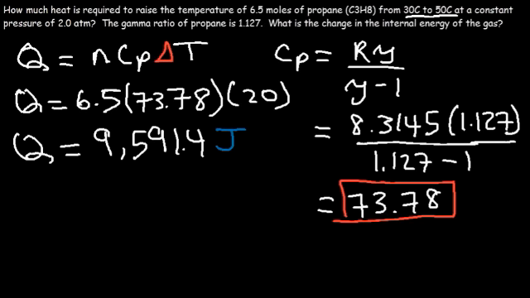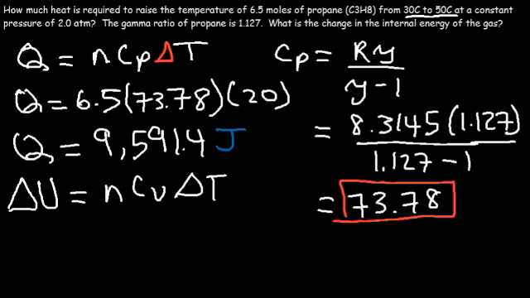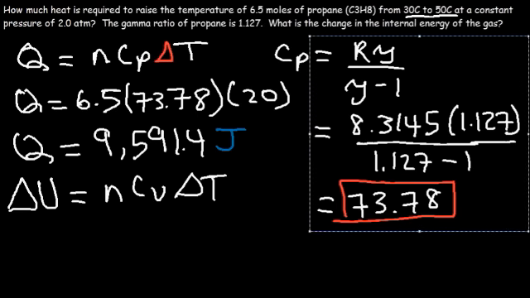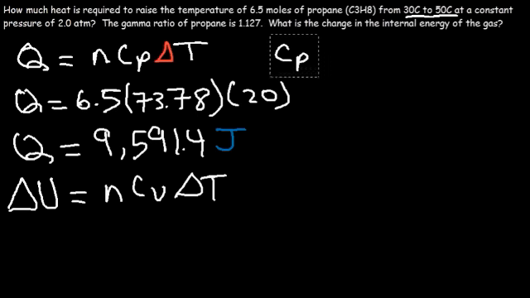What is the change in the internal energy of the gas? To find the change in internal energy, we can use Q minus W, but we don't know the work, so we can also use n Cv delta T, which is true for any process. So we've got to find Cv before we can use that equation. So let's go ahead and do that.